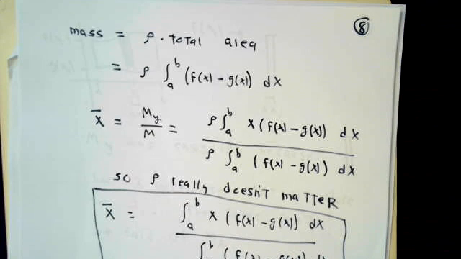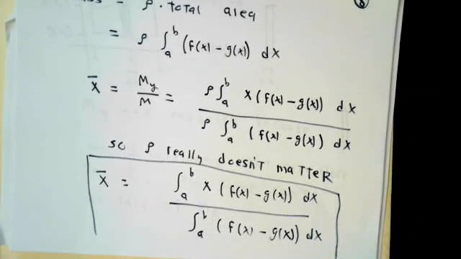If you look at that formula, there's a factor of rho, the mass density, upstairs and also downstairs, so the mass density cancels out and ends up not mattering. I have now a formula for the x-coordinate of the center of mass.